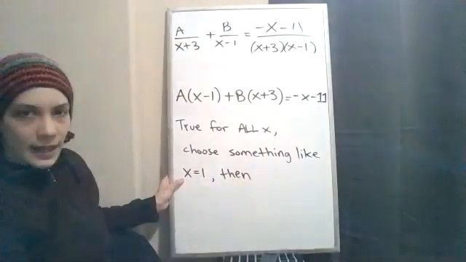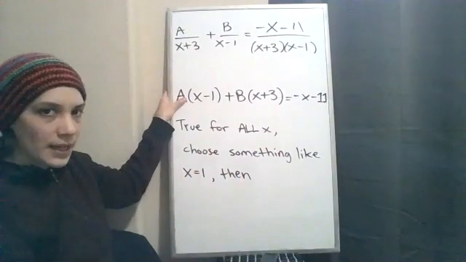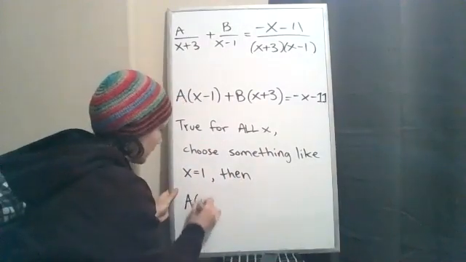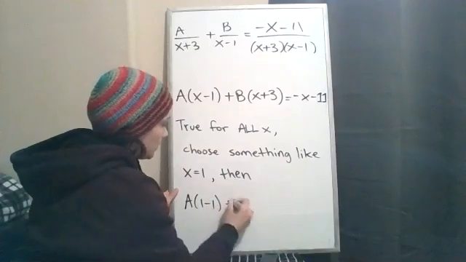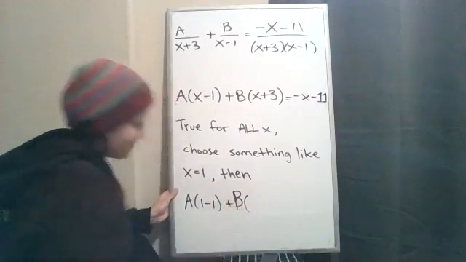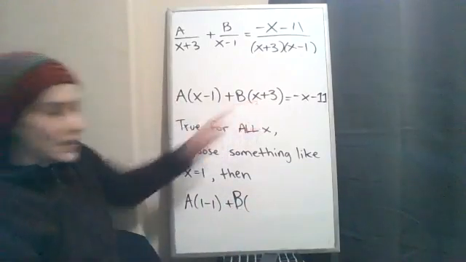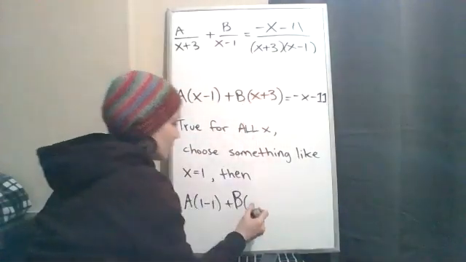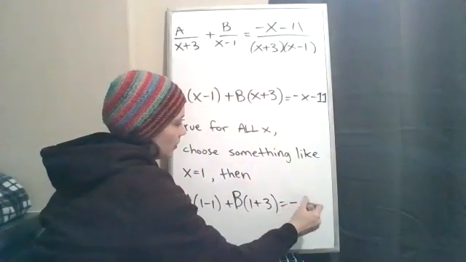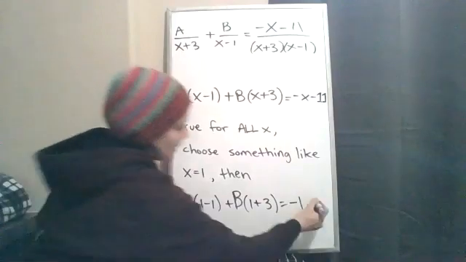All right, so x equal to 1 gives me a times 1 minus 1, which is 0, plus b times 1 plus 3, equal to negative 1 minus 11.